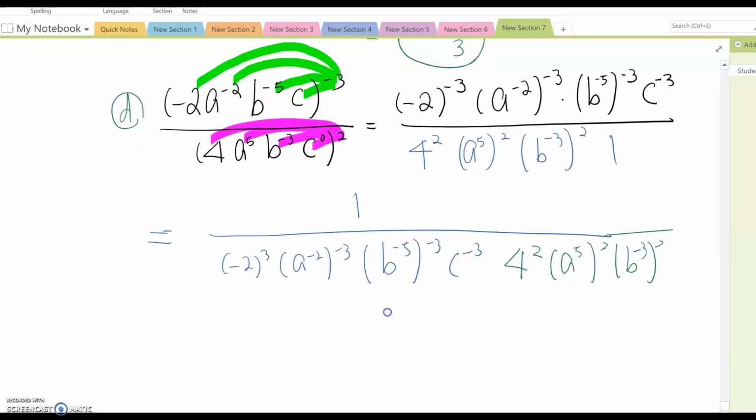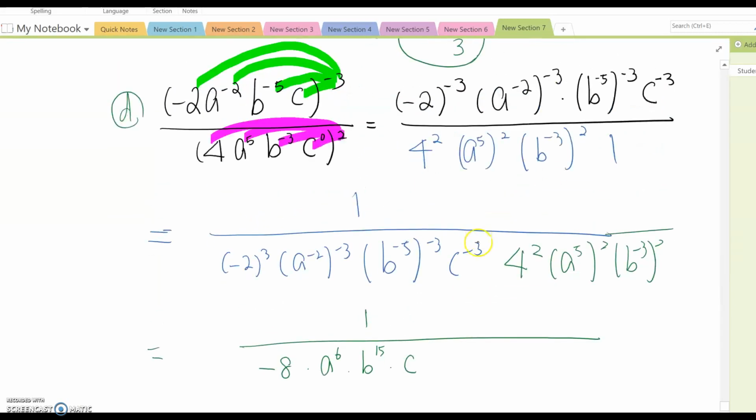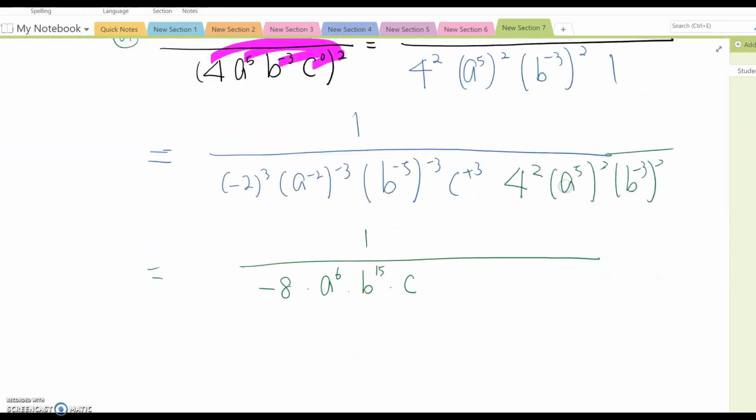Okay, now simplify, then this is going to be 1 over negative 8, a^6, b^15, c, sorry, it should be positive, so c^3, and then 16, a^10, b^-6.